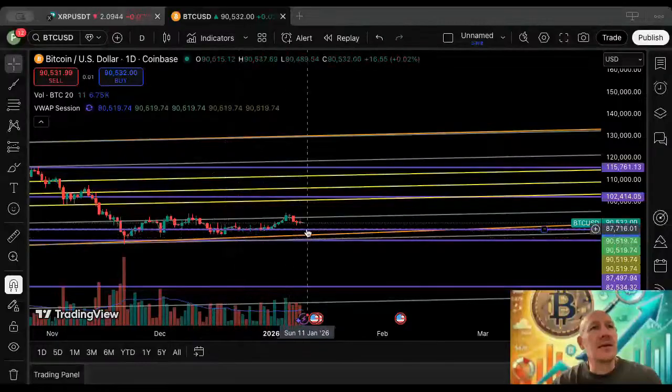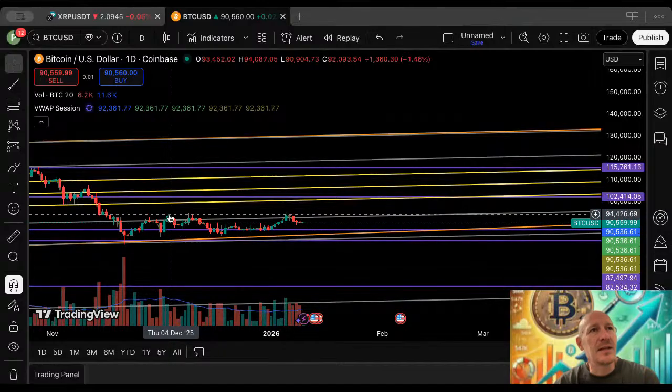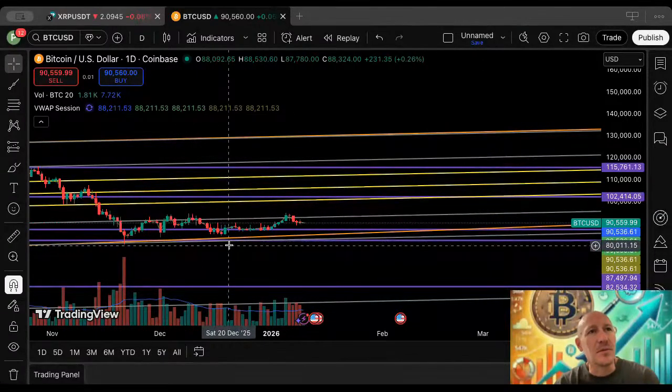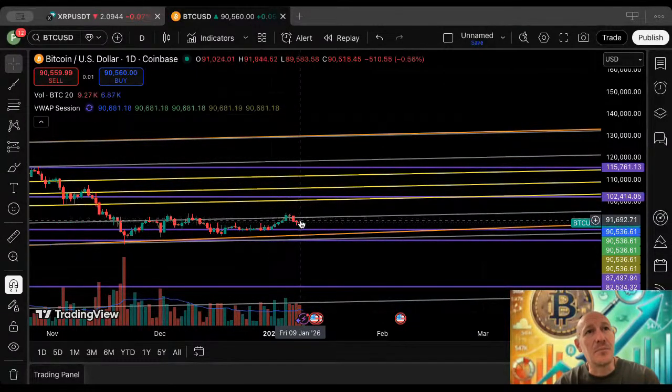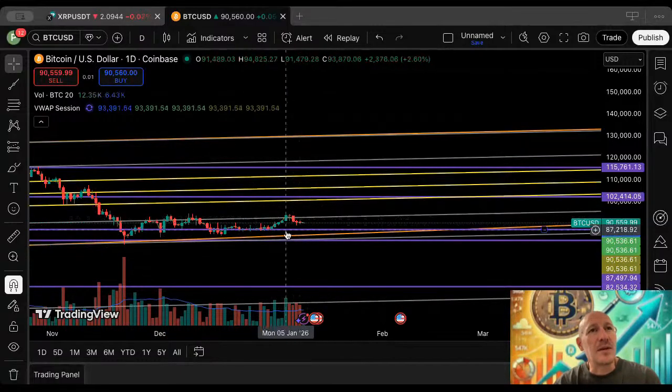So we need, and as you can see, every time we've hit that level, boom, hit it, boom, hit it, boom. So we're going to go find support down here again. I bet we find it at the monthly, one of these monthly support levels here.